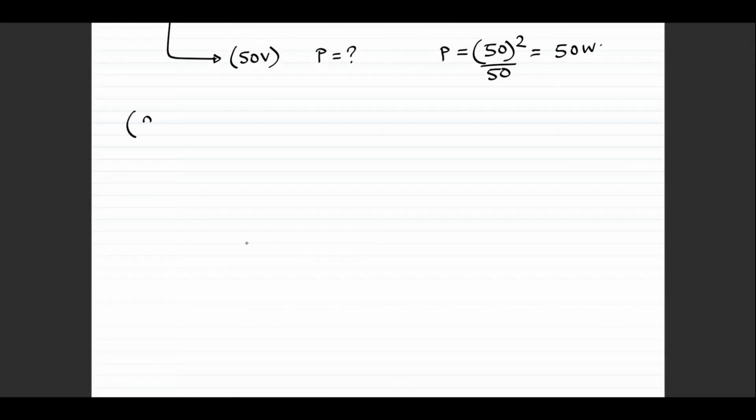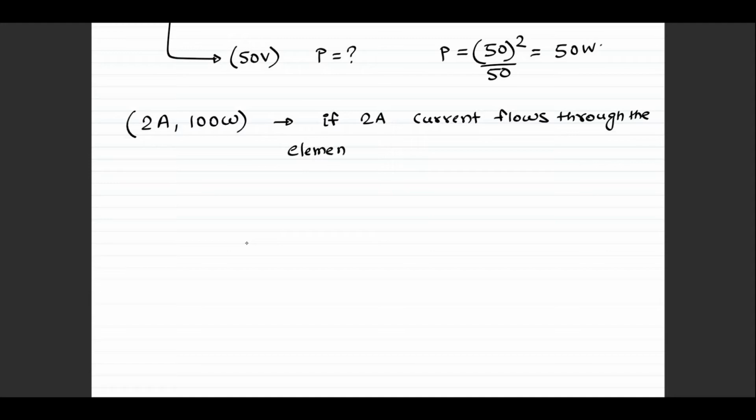Also, this rating can sometimes be like this. That means if 2 ampere current flows through the element, it has electric power of 100 watt.